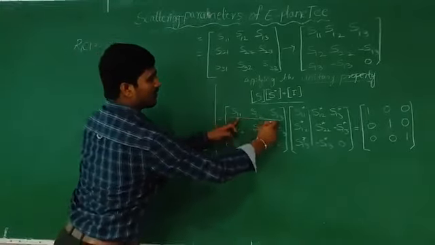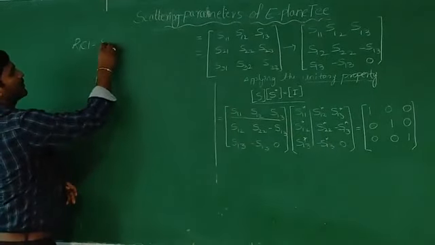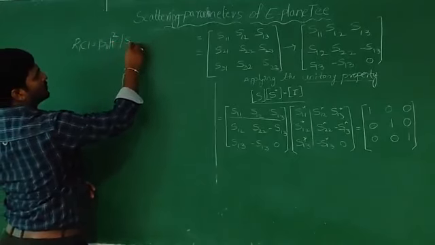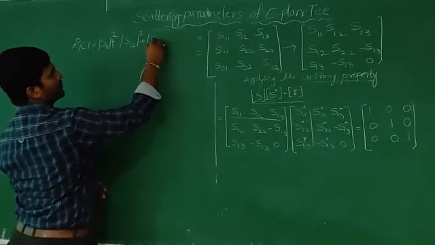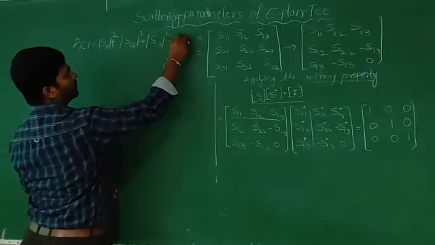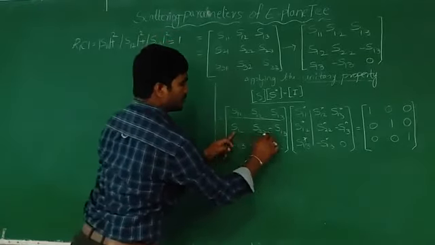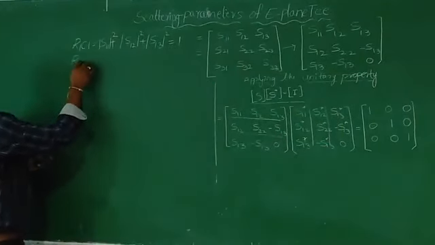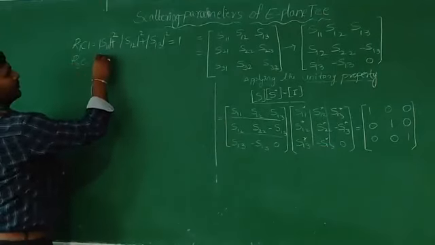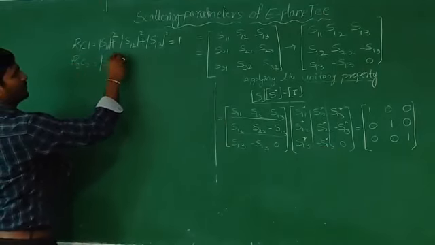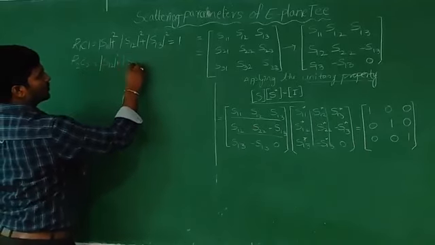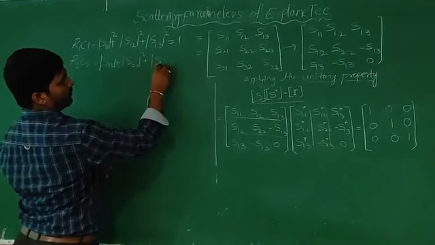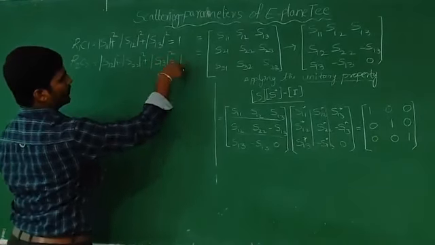It is R1 C1 conjugate of S1 square, modulus of S11 square plus modulus of S12 square plus modulus of S13 square equal to 1. And R2 C2 equals modulus of S12 square plus modulus of S22 square plus modulus of S23 square equal to 1.